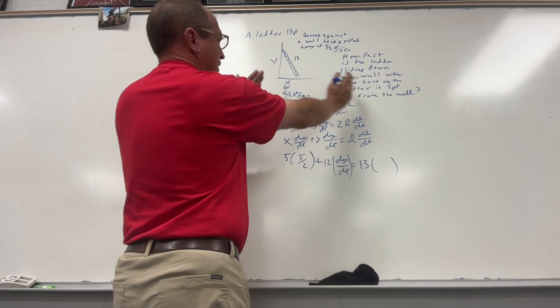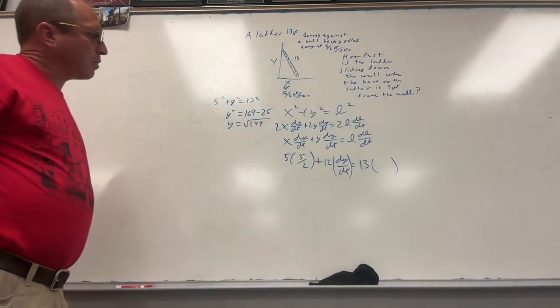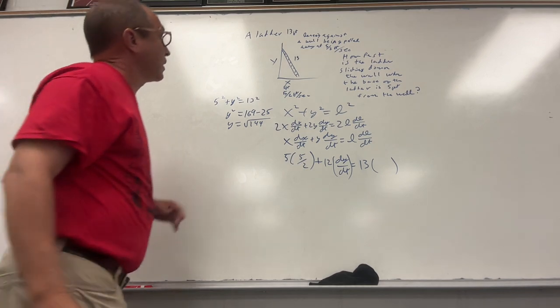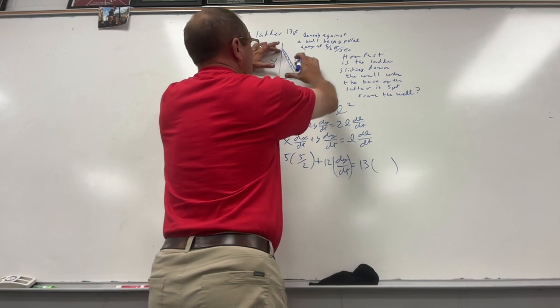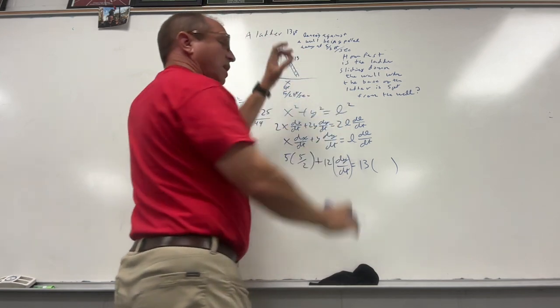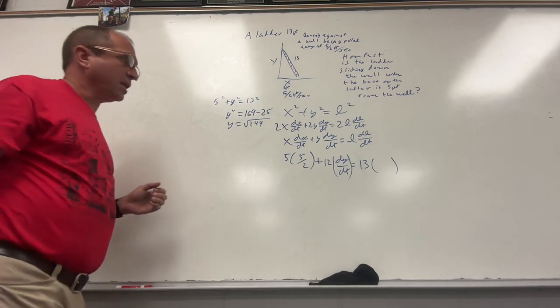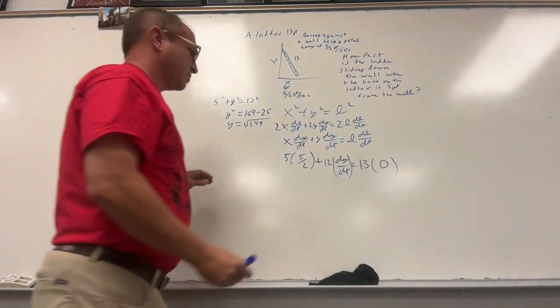This length is changing at 5/2 feet per second. So what is dl dt going to represent? Constant. It's going to be constant here, because your ladder's length is not changing. As it slides down the wall, it's rigid. It's going to stay at 13 feet. So what is the rate of change in its length? It's 0. So we end up with a 0 on that side.